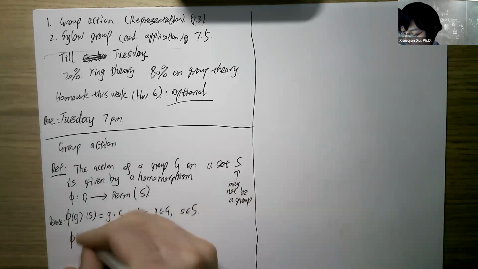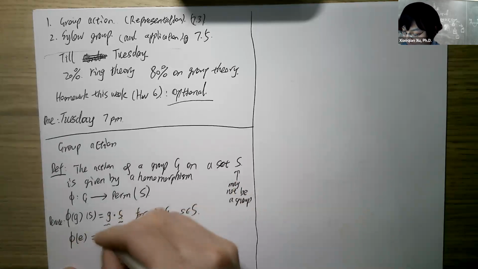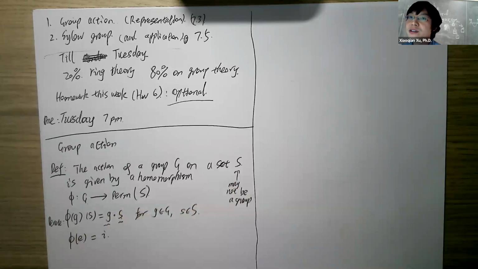And phi of the identity is the identity on the permutation group, which doesn't change any element.